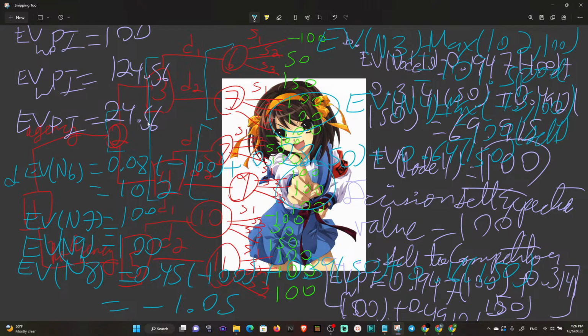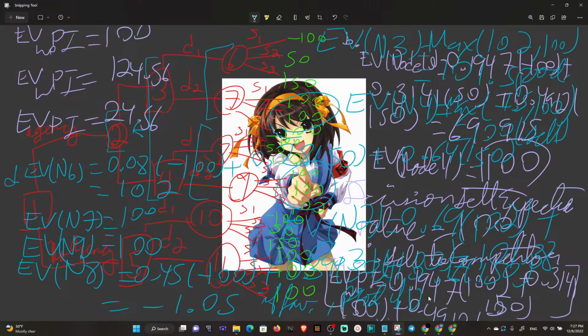Therefore, when we take this from 3 and 4 to node 2, EV of node 2 will be equal to 0.69 times 102 plus 0.31 times 100, which equals 101.38. And so now we know that if favorable, produce.